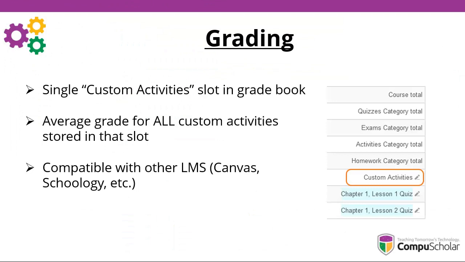And this allows us to be compatible with other learning management systems like Canvas and Schoology, where it's much more difficult to add dynamic entries into a gradebook. So the approach we took for all learning management systems, including our own, is that all the grades for custom activities will effectively roll up to a single slot in the gradebook. And then you can make of that what you will, if you want to weight it in a certain way or use it for extra credit or whatever you want to do.